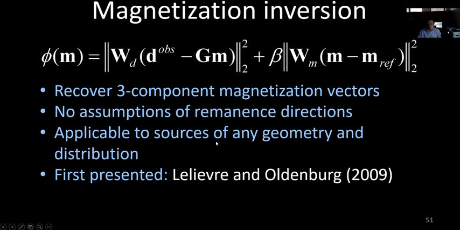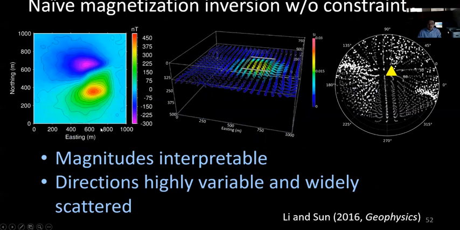To illustrate how this works, I simulate this total field anomaly resulting from one anomalous block with remanence. And this figure in the middle shows the recovered magnetization vectors from the standard or unconstrained magnetization inversion. Each of the cones that you see here represents the magnetization vectors recovered from the inversion.